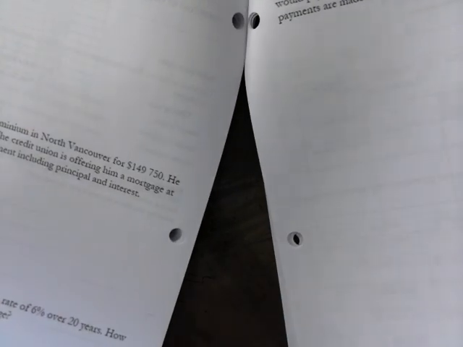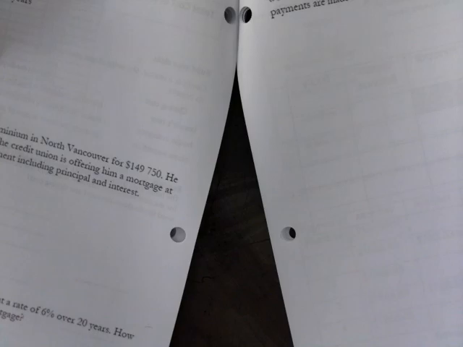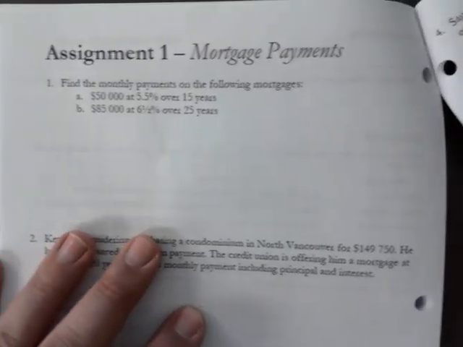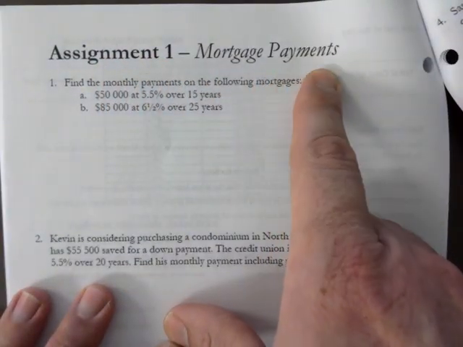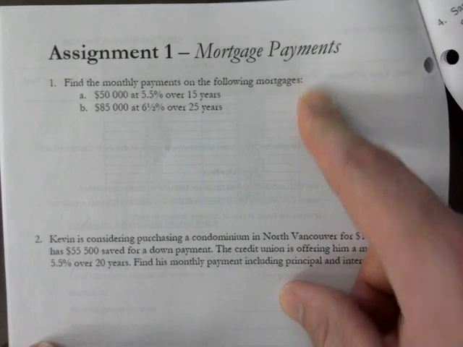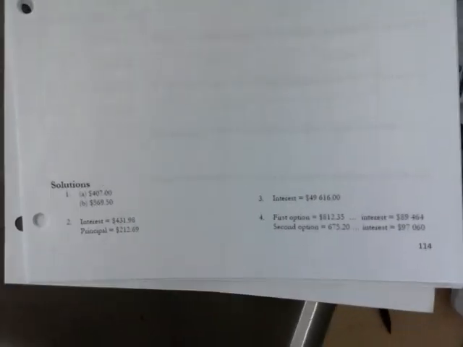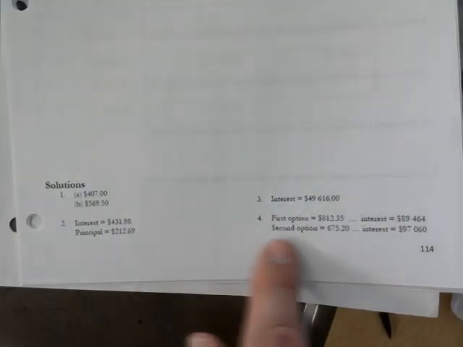The booklet, I just added a bunch of worksheets. So starting on page 113, go to 113 real quick here. This is just to kind of refresh your memory. You have mortgage payments, so everything that has to do with mortgage payments. The answer key, if you just keep flipping, at the bottom of 114, you've got the answer keys right there.